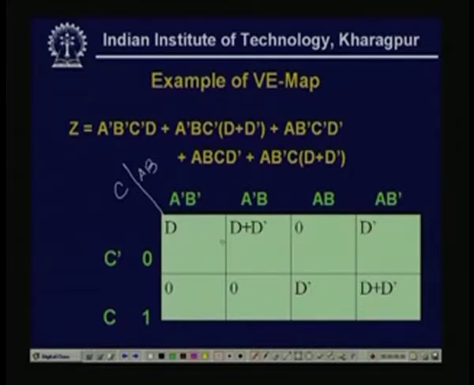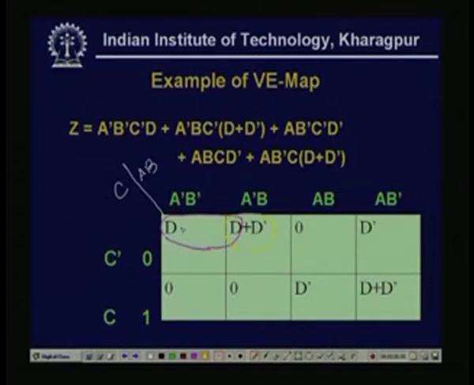Now, here both D and D' exist, here one D is there. So, I can put a couple here by doing D and D', but here D plus D' itself will make a couple.